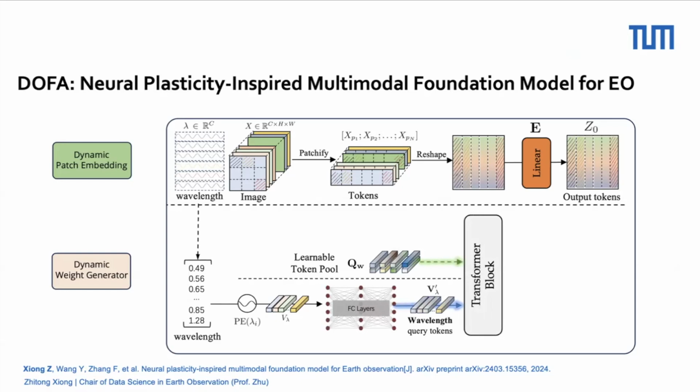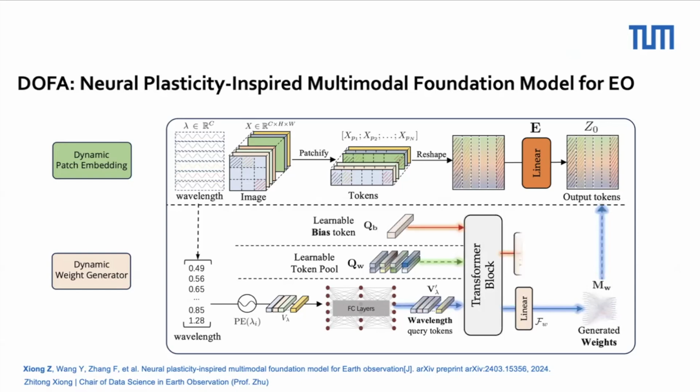And with the query tokens, we can output the dynamically generated weights here. And similarly, we can do a similar process for the bias token. So using this transformer block, we can dynamically generate weights for different input modalities with different numbers of spectral bands.